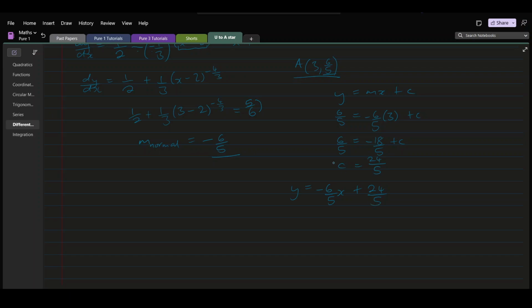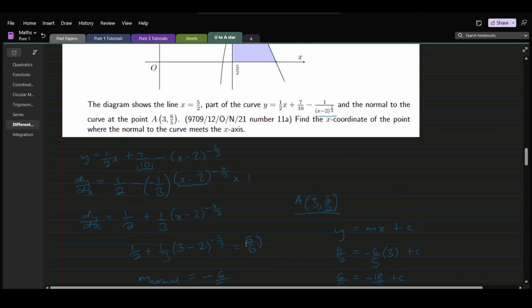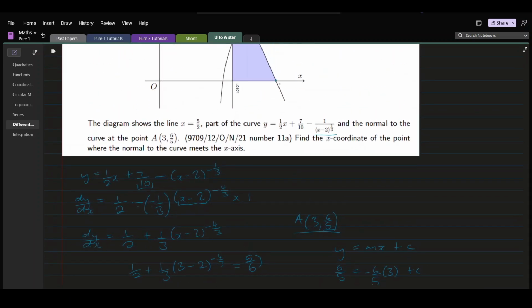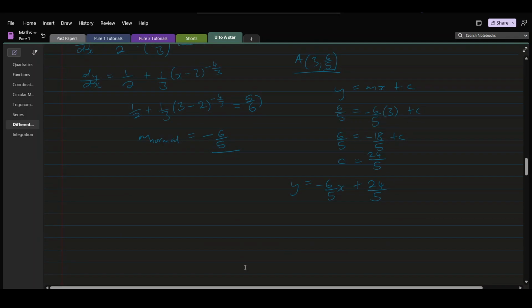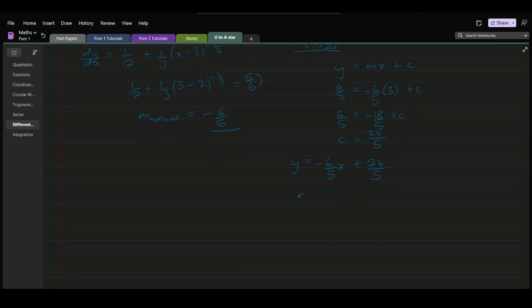Now we want to find the x coordinate where the normal meets the x-axis. We know that at the x-axis y is equal to 0. So let's simply substitute y with 0 here and evaluate x to get our x coordinate. So that's plus 24 over 5.